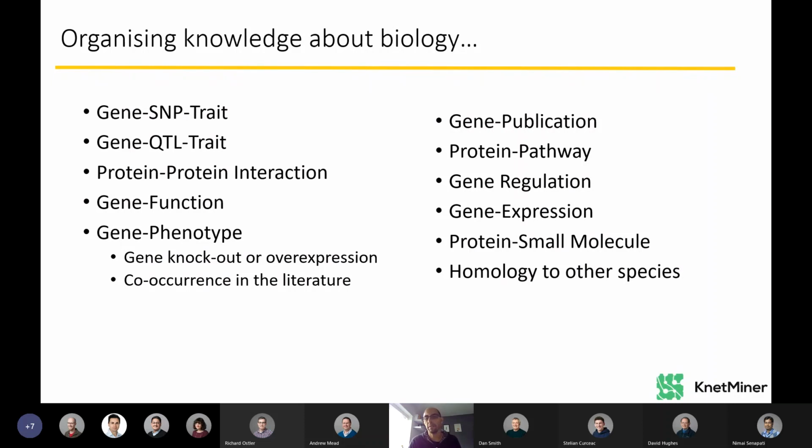What sort of knowledge are we looking at? For example, gene SNP trait relationships, gene QTL trait relationships, protein-protein interaction data, information about genes and their function, information about what happens if I knock out a gene or overexpress a gene.